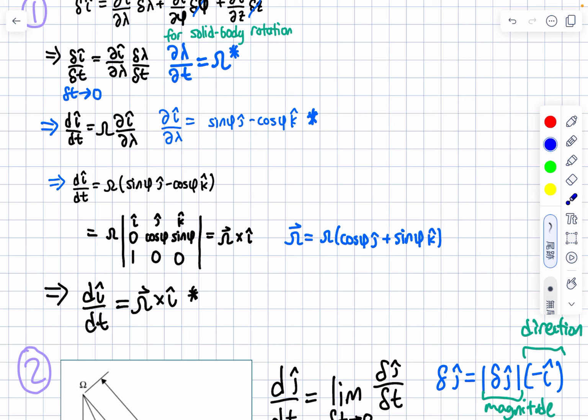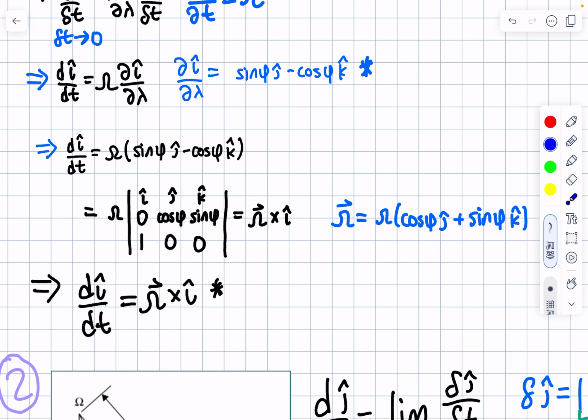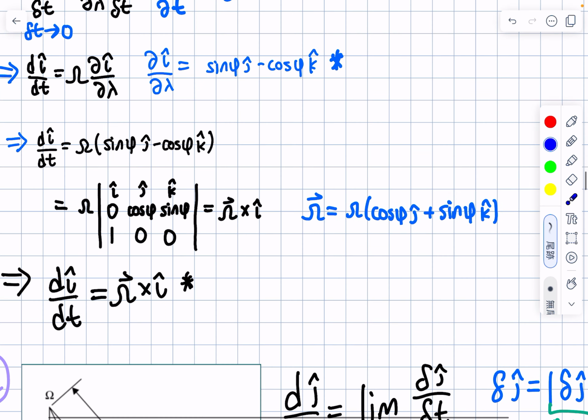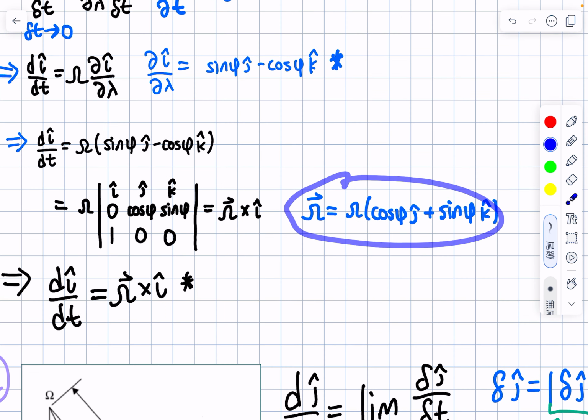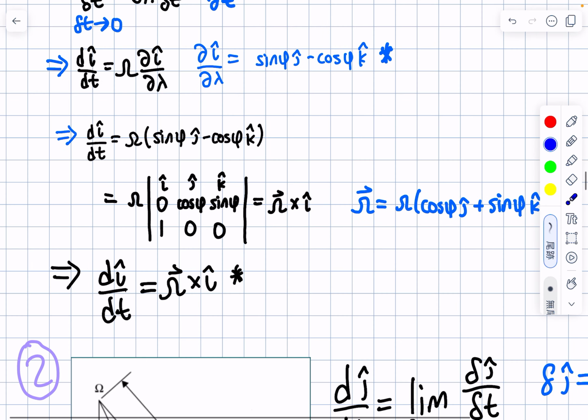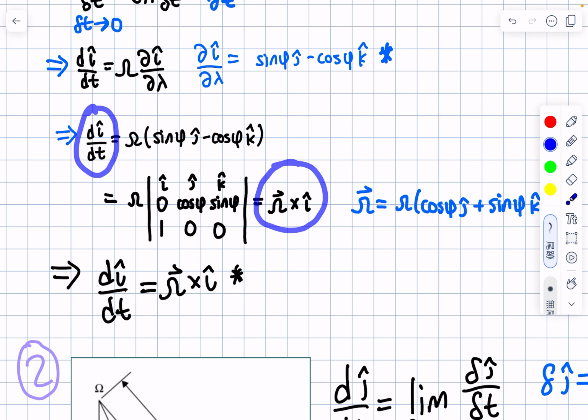And if you know the rule for the cross notation, this is actually exactly equal to omega cross I, knowing that omega is equal to omega cos phi j plus sine phi k. Therefore, we have that di dt is equal to omega cross I.